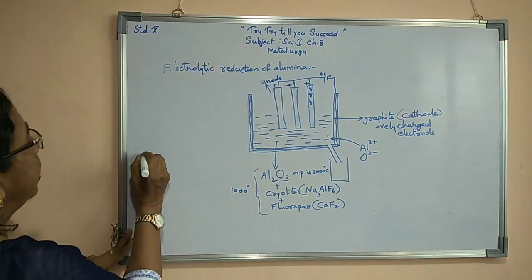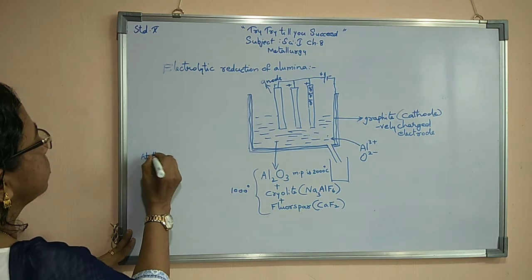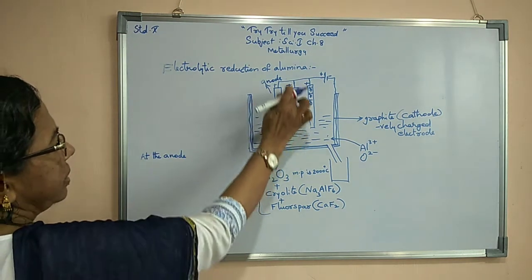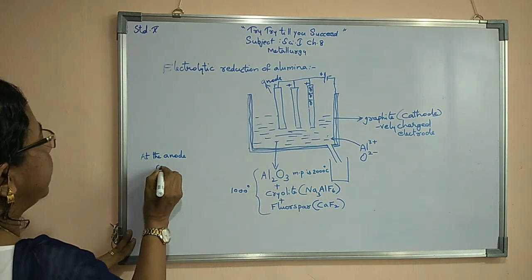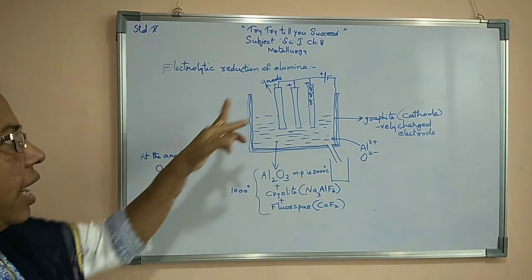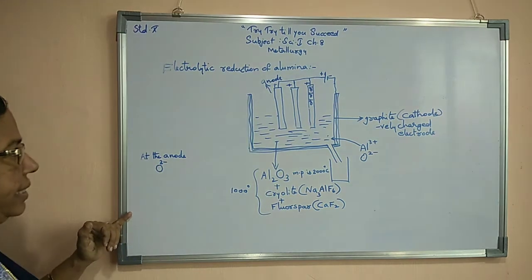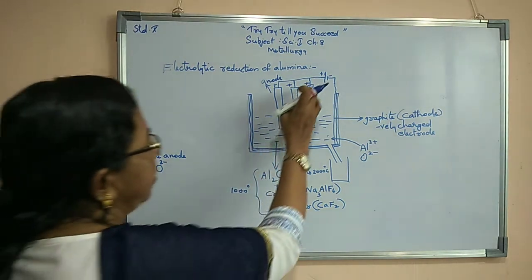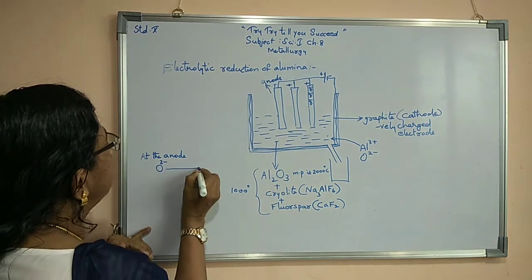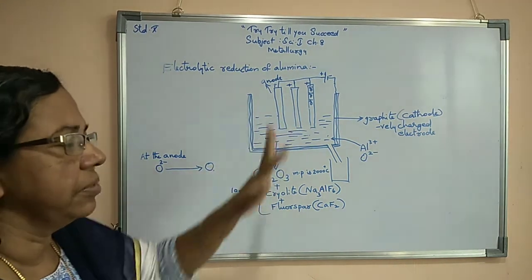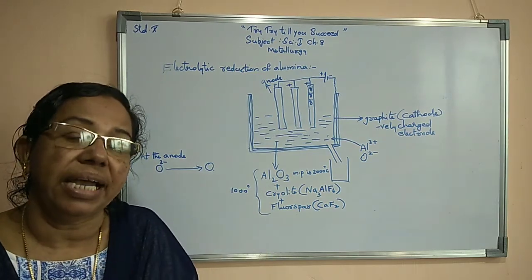So now first we will study what is happening at the anode. Anode means these rods. One oxide ion is going there. One oxygen ion has a 2 minus sign. Once it goes there, it transforms to an oxygen atom. But one oxygen atom cannot exist alone.